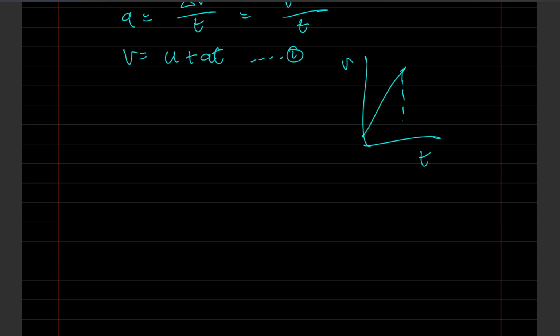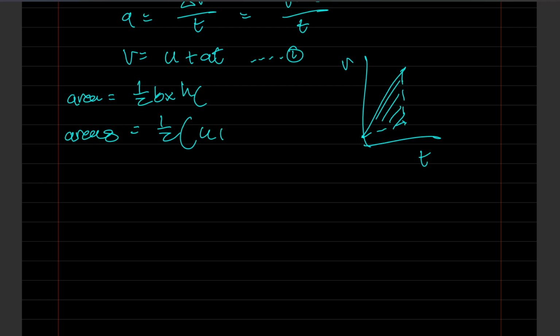Now, if we know the area under this line, we could easily use the formula whereby the area is equal to half the base times the height. In other words, the height we know is the acceleration. So our formula would be area is equal to half u plus v times time t.